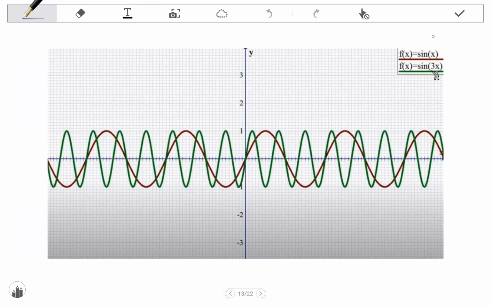Here is just another B value change. Here our B value is 3. Looking again at our original graph, this is 180 degrees, 360 degrees. The original period is 360 degrees.